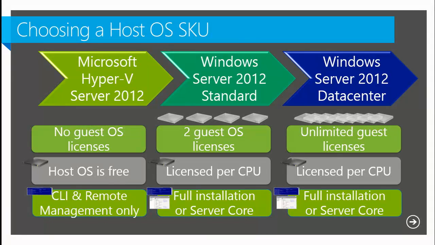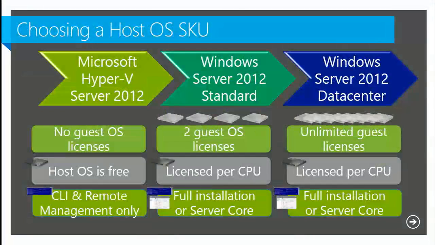So if you're in a highly virtualized environment, you want to deploy lots and lots of VMs, never have to worry about licensing, go with Data Center Edition. If you're not highly virtualized, Standard Edition might make more economic sense for you. With Standard Edition, you get two guest operating system licenses for every one physical host operating system license.